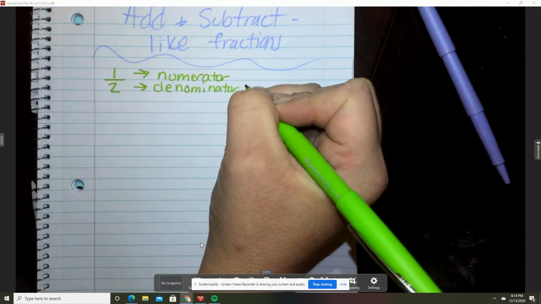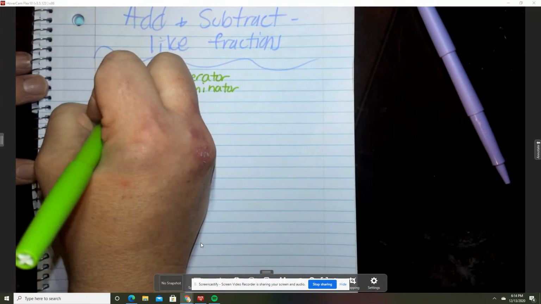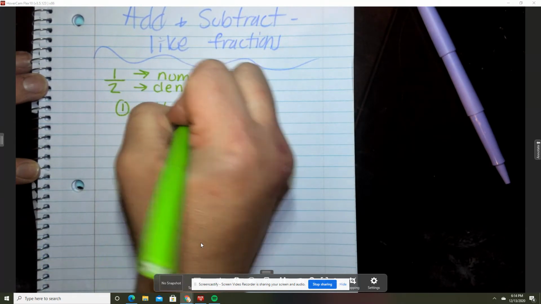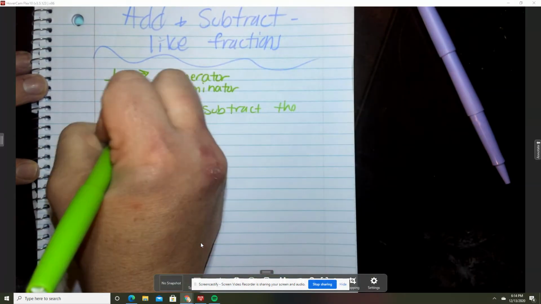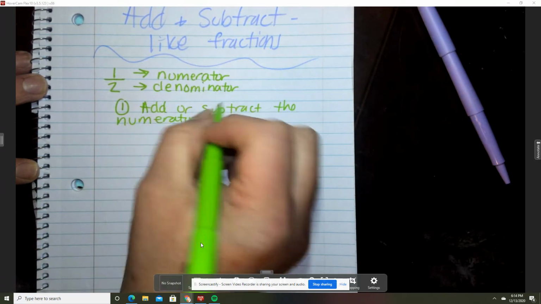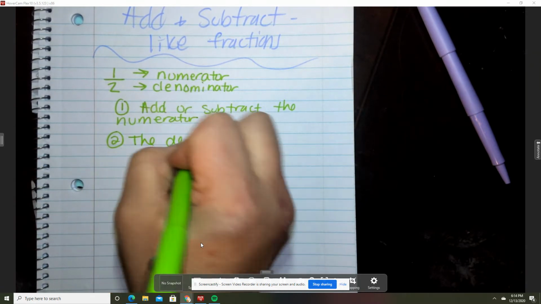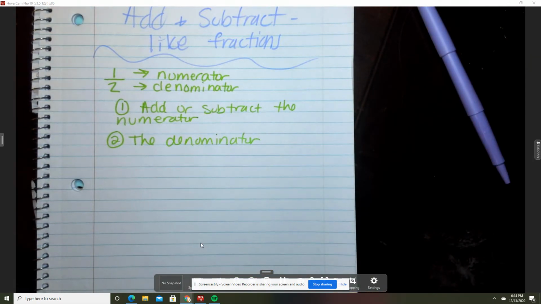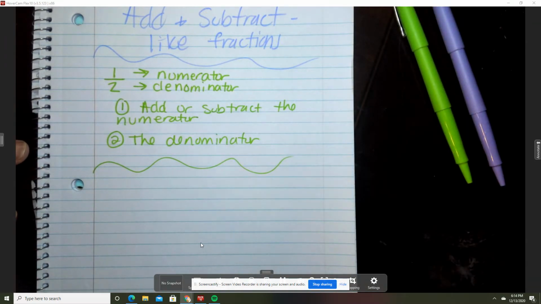And to add or subtract like fractions, we just have to, one, add or subtract the numerators, which is the top number, and then the denominators stay the same. Unless, of course, you have to reduce or turn into a mixed number. That is the only exception.